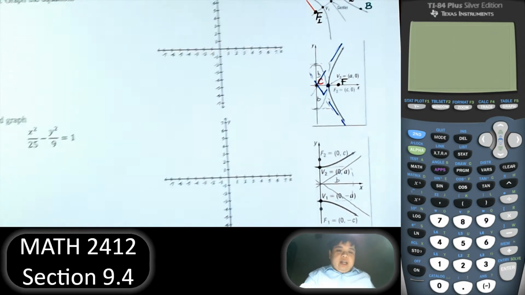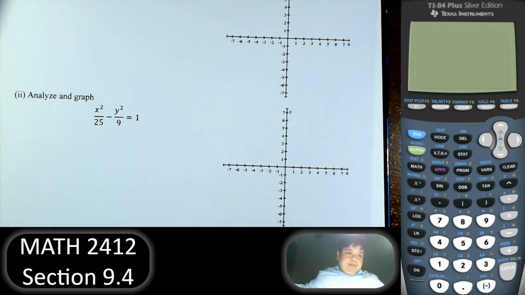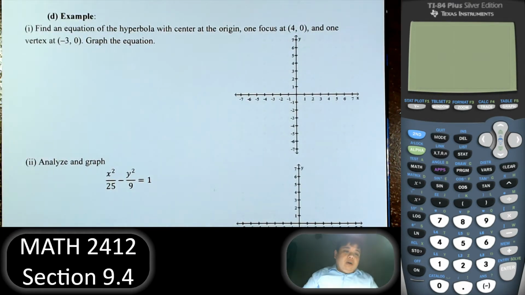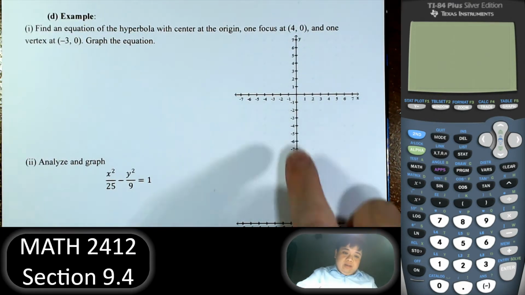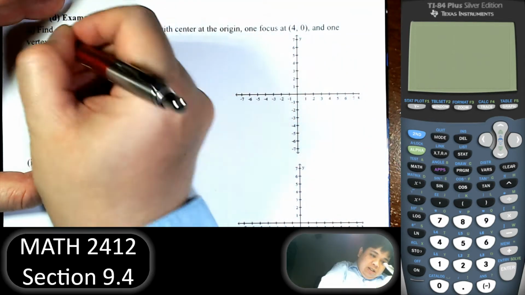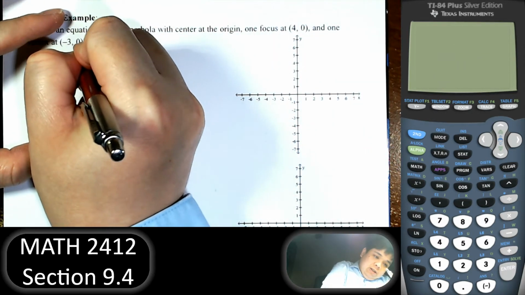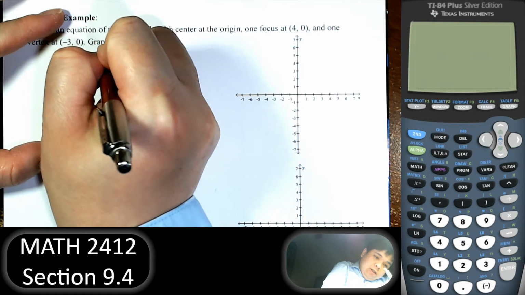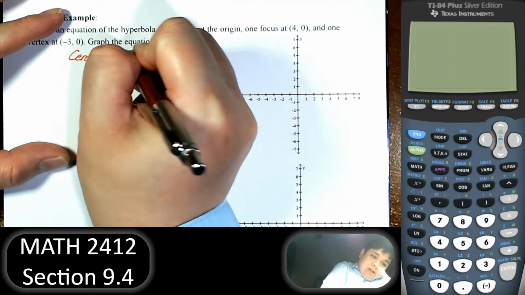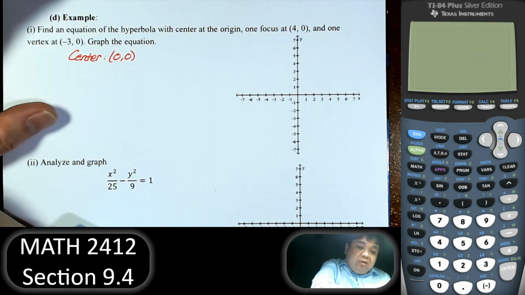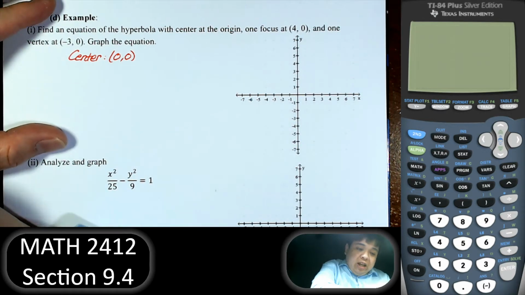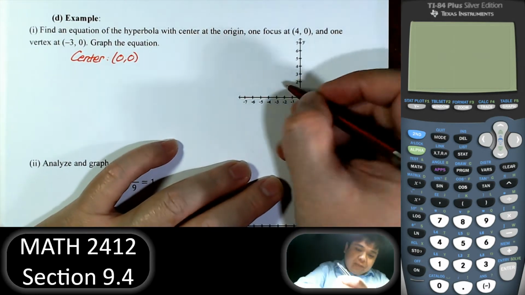So let's look at the example here. Find the equation of the hyperbola with the center at the origin, so the center is zero, zero. One focus is at 4 and 0, and one vertex is at -3 and 0. So we have the center here.